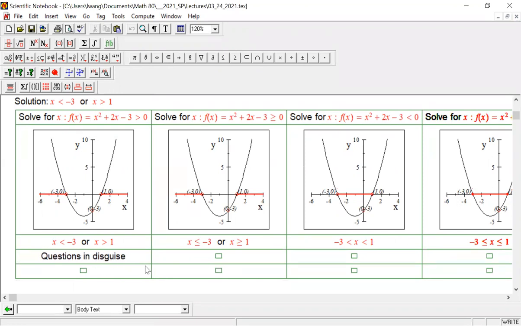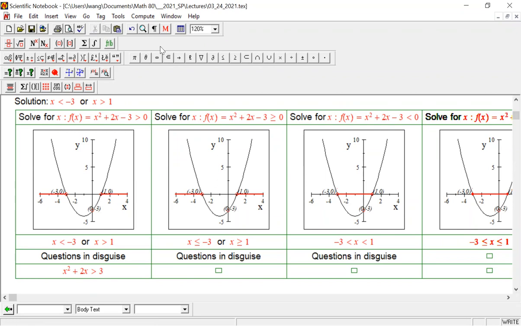We're not trying to camouflage anything. It's just that sometimes the algebraic form could be different. For example, it could be x squared plus 2x greater than 3, and the same question in disguise could show up in different forms.